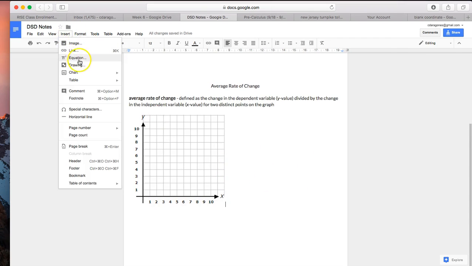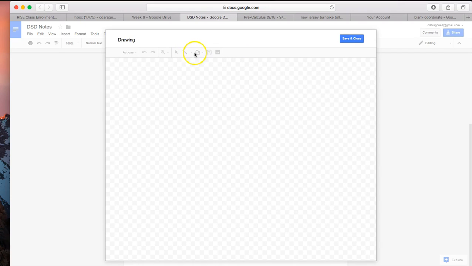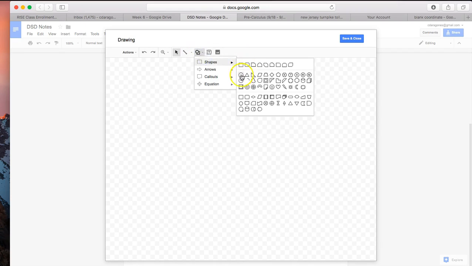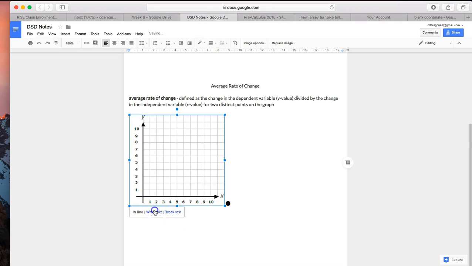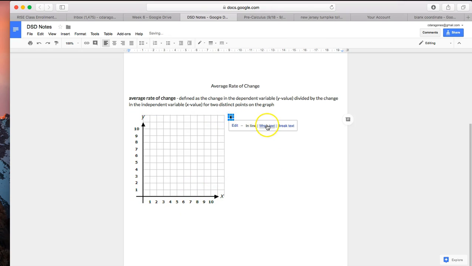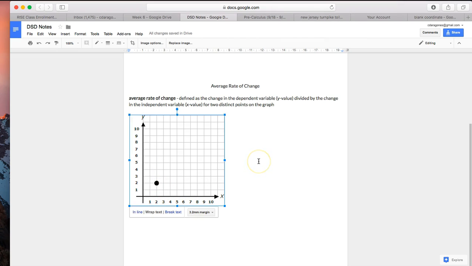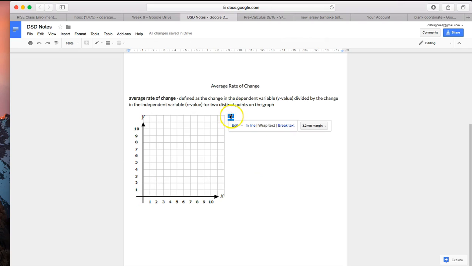So I'm going to put a point right here at 2, 2. Then I'm going to put another point somewhere else, maybe 10, 8.